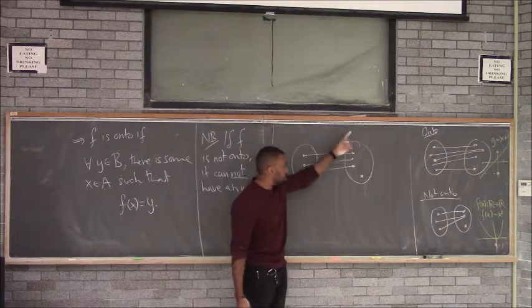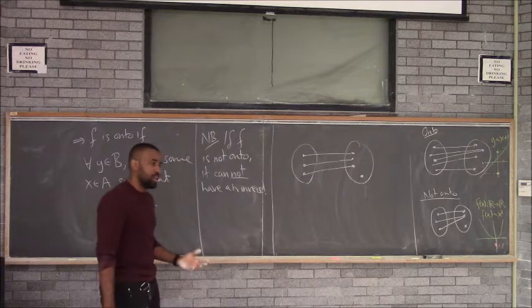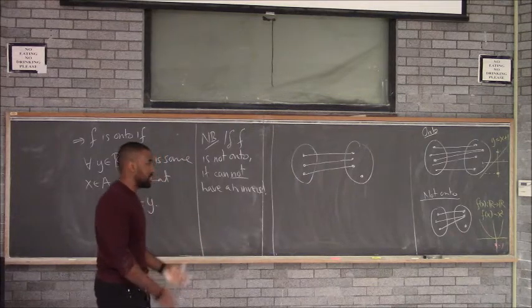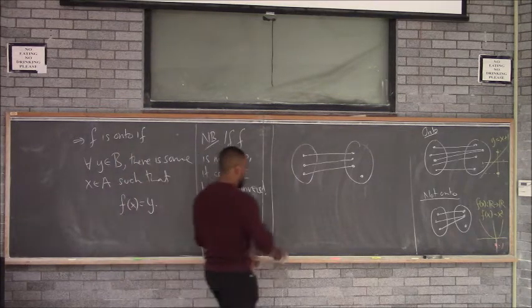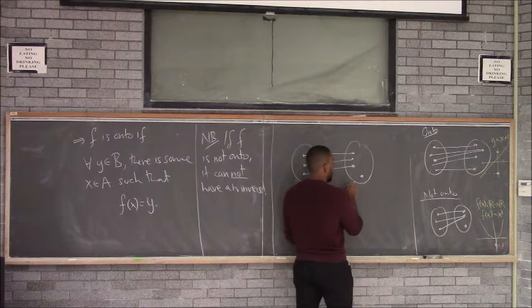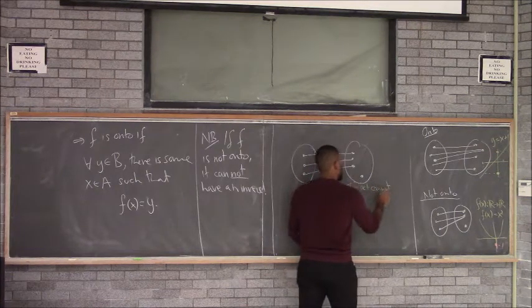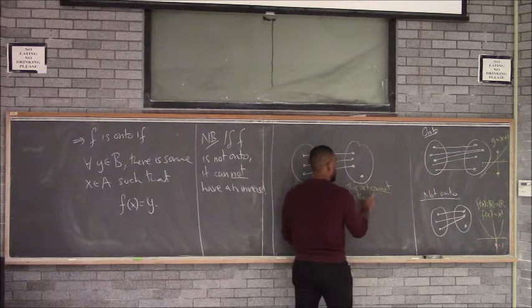Because a function would have to assign to everybody in the domain. A function doesn't leave anyone out of the domain. Every domain element has to have an output, right? So here, if this is the domain, well, this set cannot be the domain of a function.